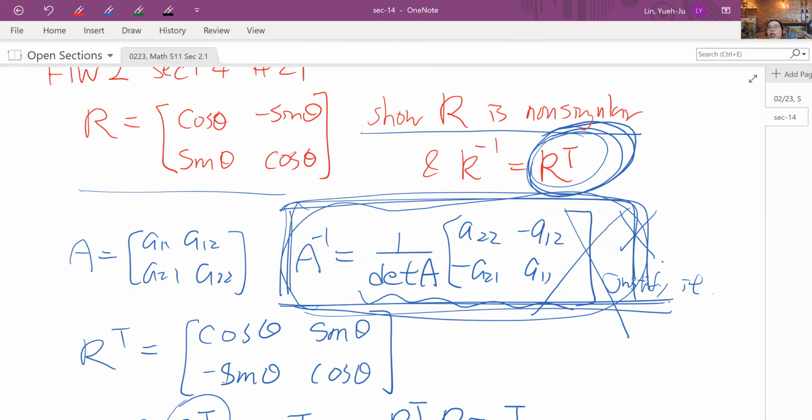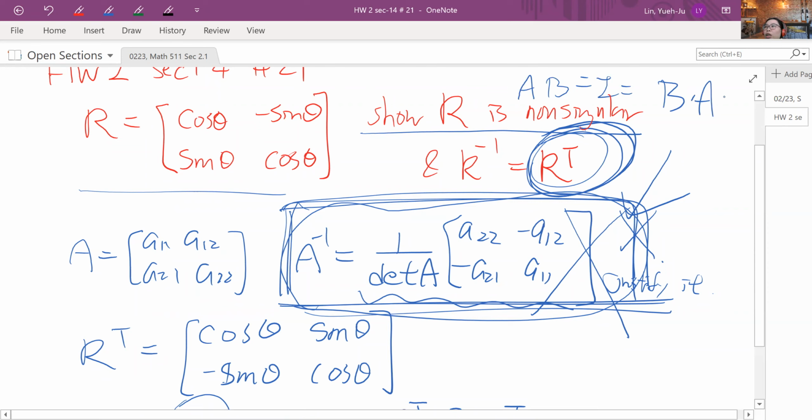But before we do that, if you use this formula, how would I know that it is actually the correct formula? How do you even prove this is the correct formula? Imagine you want to explain this to someone who doesn't know linear algebra, who only knows the definition of inverse: a matrix B such that A times B equals identity, or B times A equals identity, right?